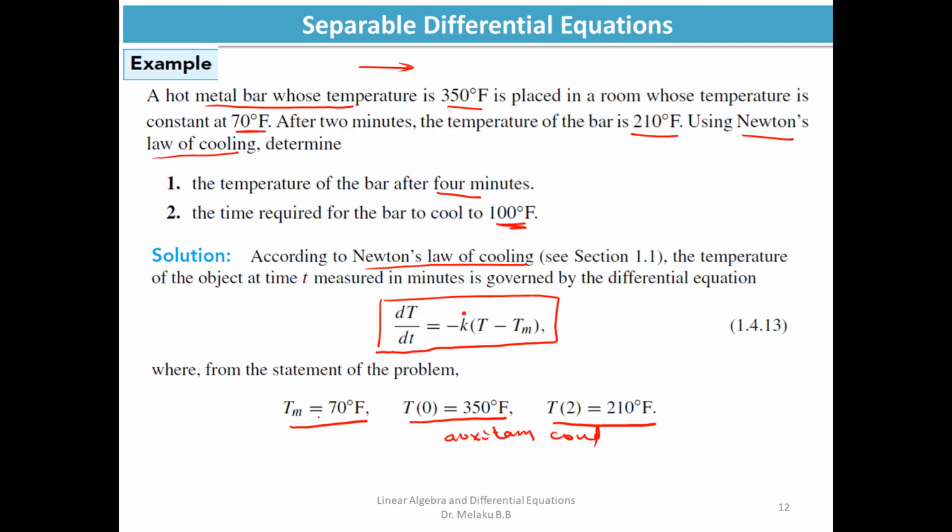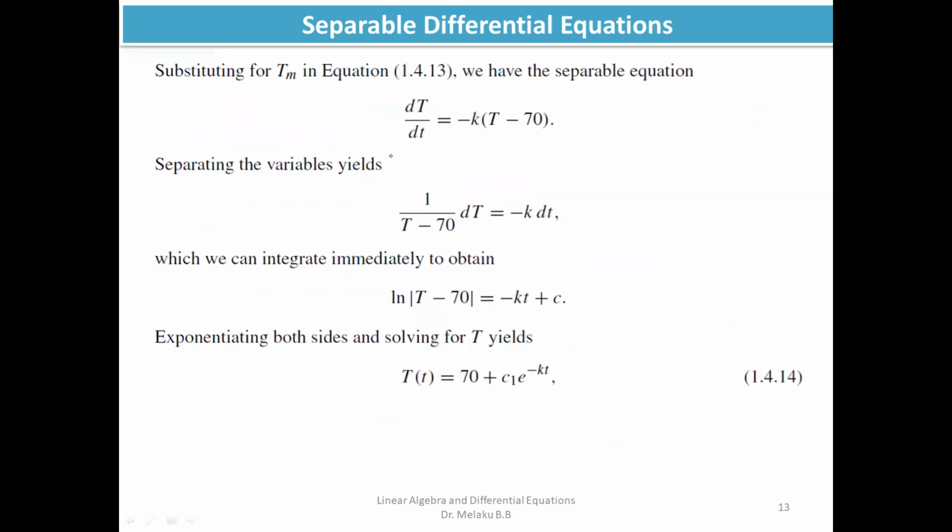Therefore, instead of Tm, the temperature of the medium, we substitute 70. Now this will be our differential equation: dT by dt equals minus k times T minus 70. So, is this a separable differential equation?